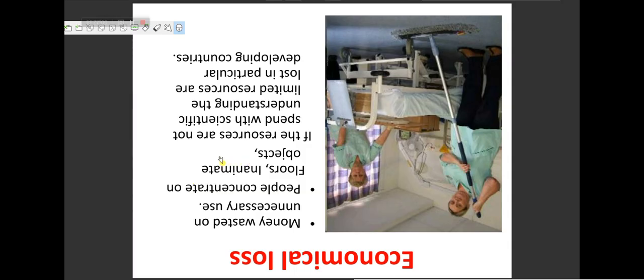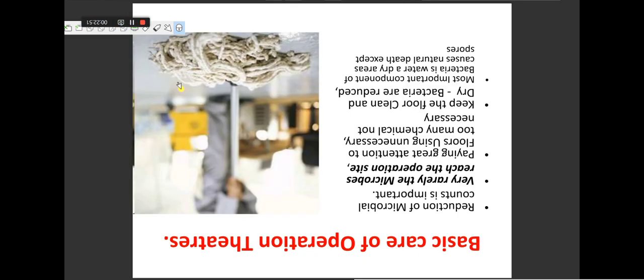Money is wasted on unnecessary use, and people concentrate on the floor and inanimate objects, right? We should not use our resources unnecessarily, right?